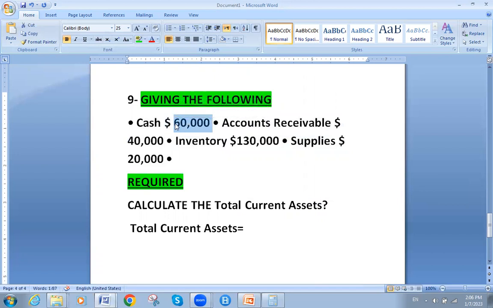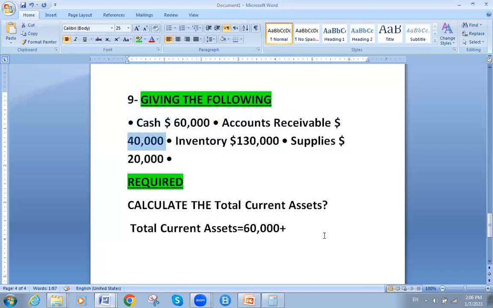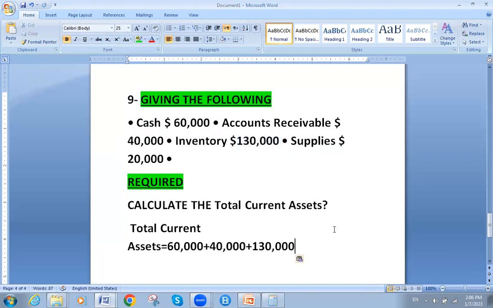Control and C. Plus the only tricky thing here, account receivables 40,000, plus the inventory is 130,000, plus supplies is 20,000.